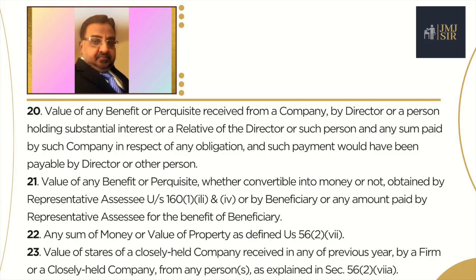Value of benefit or perquisite, whether convertible into money or not, obtained by a representative assessee under section 160 subsection 1 as well as subsections 3 and 4, or by a beneficiary, or any amount paid by the representative assessee for the benefit of the beneficiary.